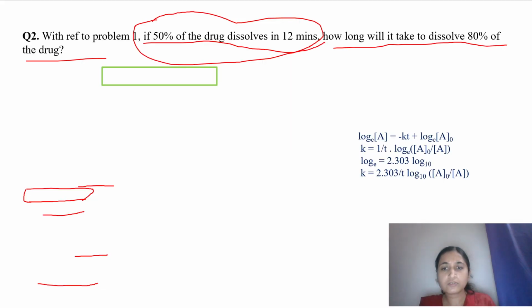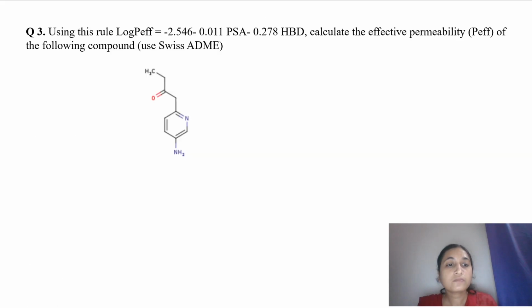Let's come to question number 3. Using this rule, log P effective equal to minus 2.546 minus 0.011 PSA minus 0.278 HBD, hydrogen bond donor, and this is TPSA, yes.